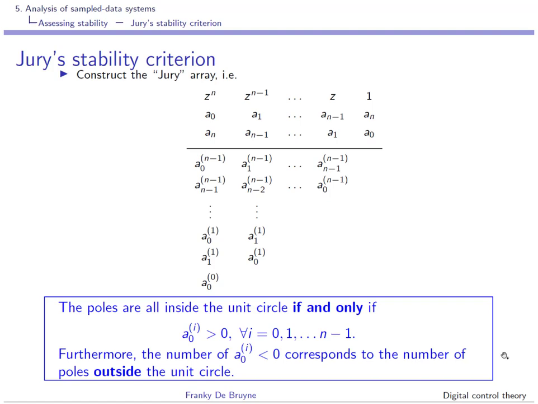Once you have the jury array, it is easy to see if all the poles are inside the unit circle or not. The elements that you have to consider are the a0i. So this one, this one, this one.